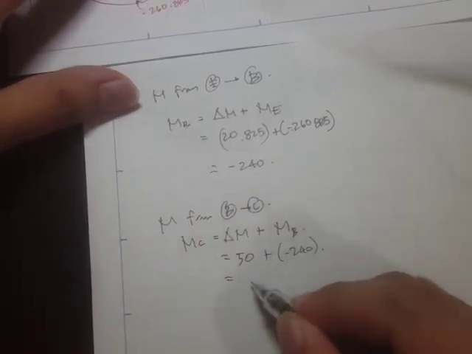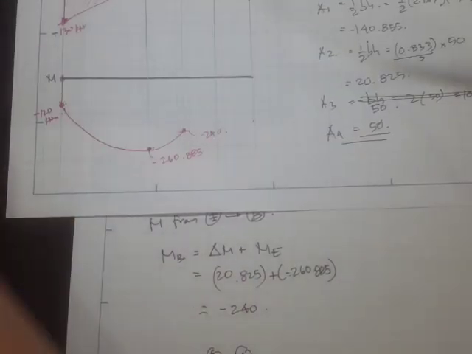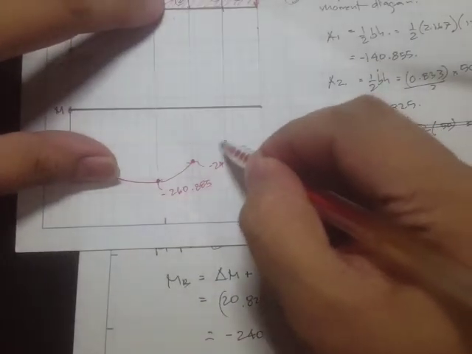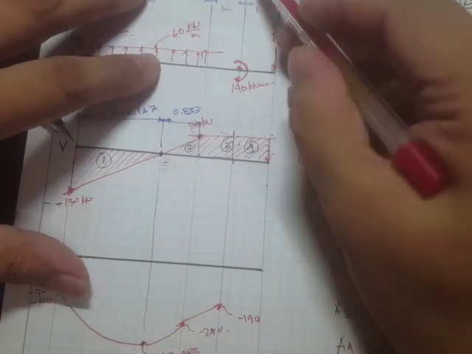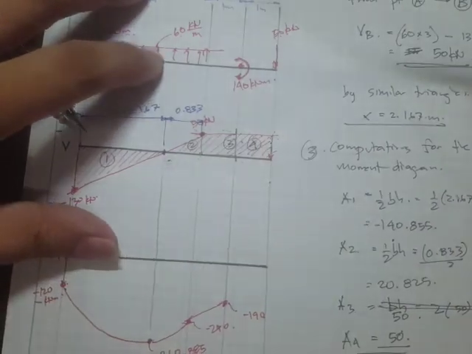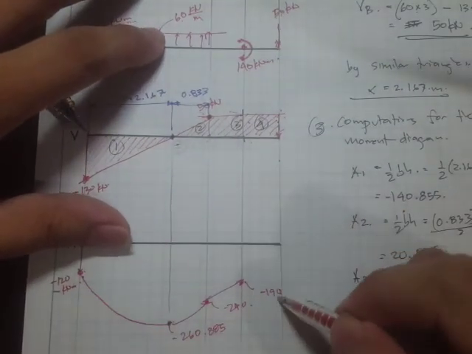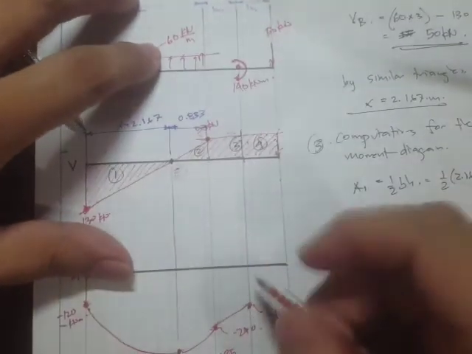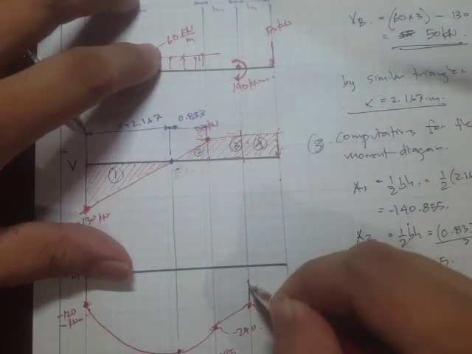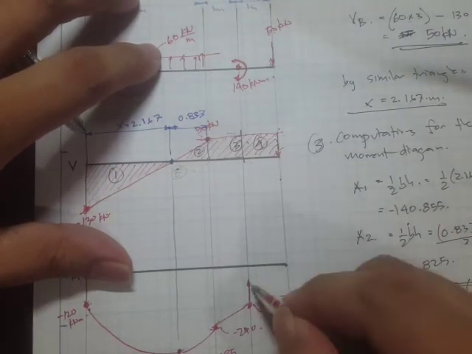So that's going to be negative 190. So right here is going to be negative 190, and we have a concentrated moment of 140, so that's going to be negative 190 plus 140. So there will be a jump right here, and another one somewhere right here.